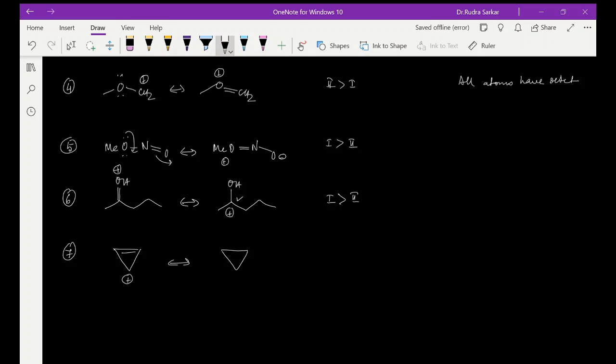In the following, all are of the same energy. Stability and energy.